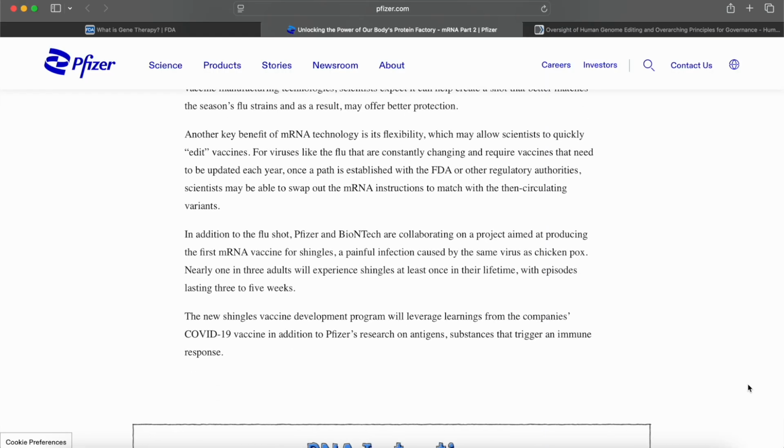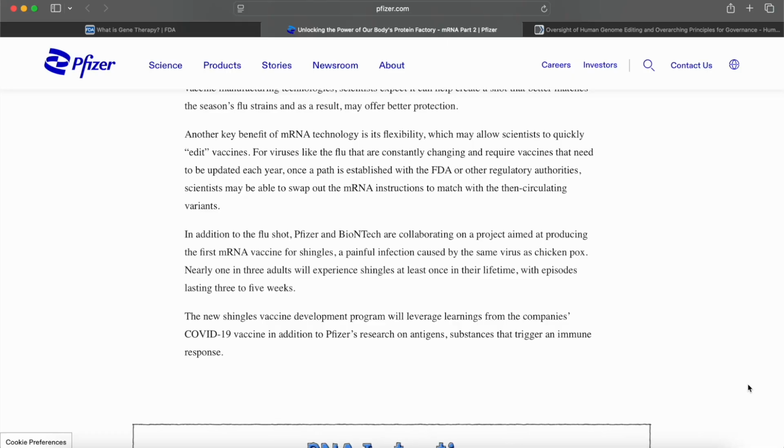In addition to the flu shot, Pfizer and BioNTech are collaborating on a project aimed at producing the first mRNA vaccine for shingles, a painful infection caused by the same virus as chickenpox. Nearly 1 in 3 adults will experience shingles at least once in their lifetime, with episodes lasting 3 to 5 weeks.